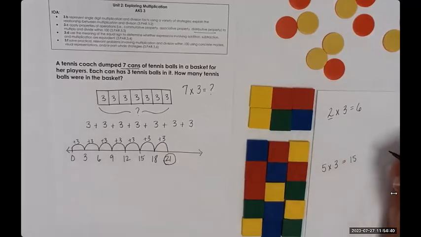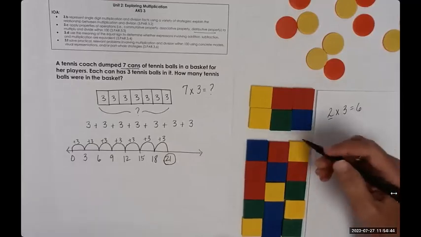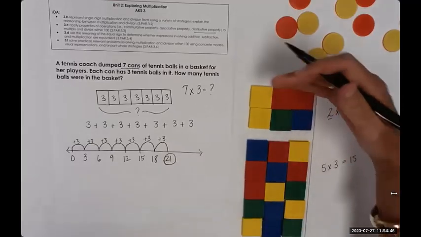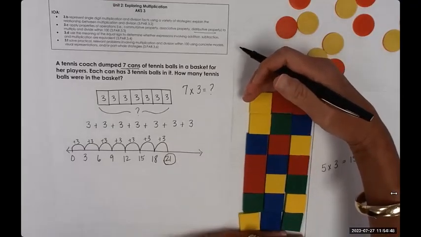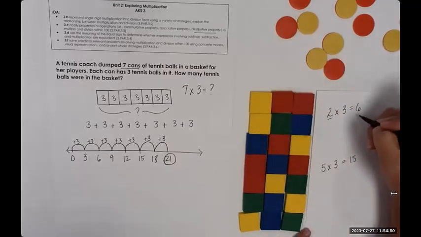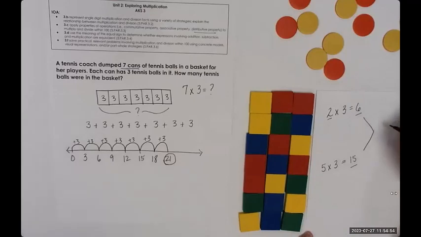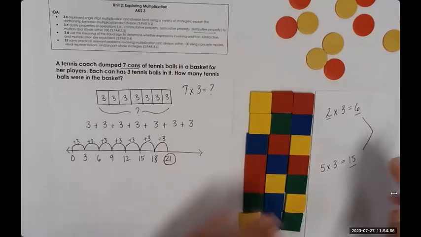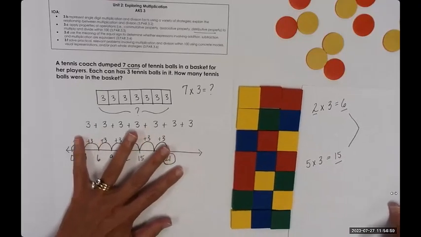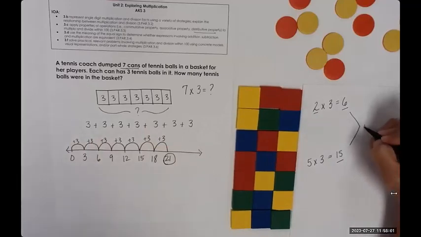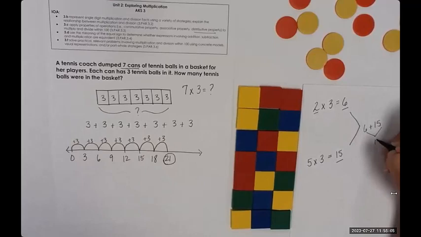And what I know about this is that because I decomposed this array, I have to put it back together again, which means I have to add these partial products together to find the total. So I know, I'm going to slide this over a little bit, that 6 plus 15, 6 and 5 is 11, plus that other 10, which gives me 21.